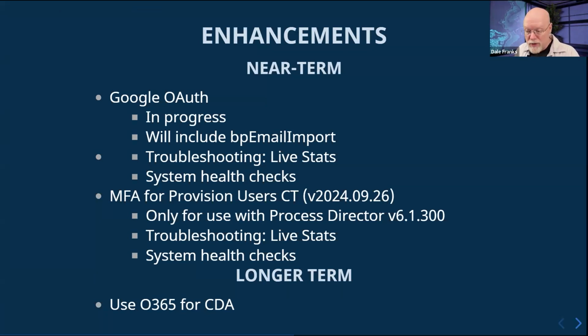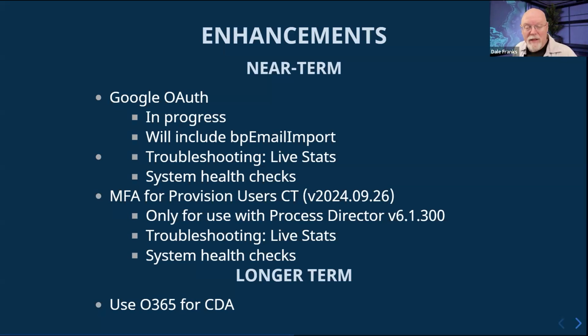Provision users with this version number that's listed right here is not going to be backwards compatible because in any version prior to 6.1.300, there are no available properties for the MFA. They simply don't exist. So if you try to run this custom task on any earlier version of Process Director, it's not going to work. It's going to fail out.